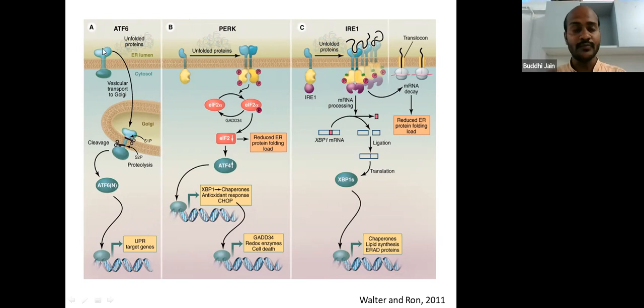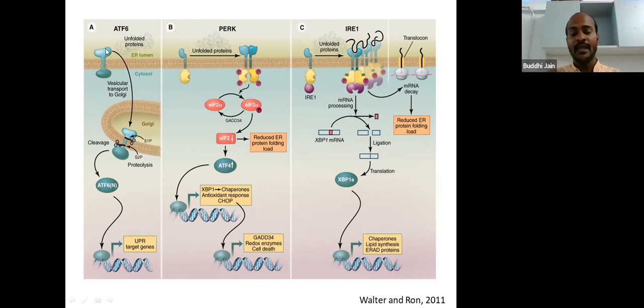These receptors like ATF6, PERK, IRE1 are present in the inactive form because GRP78 is attached to them. But when unfolded or misfolded proteins accumulate in the ER lumen, they competitively bind to these receptors, GRP78 detaches, and these receptors become activated.